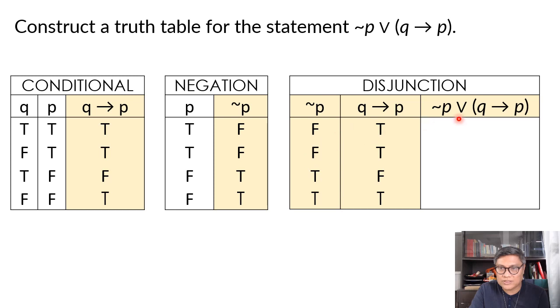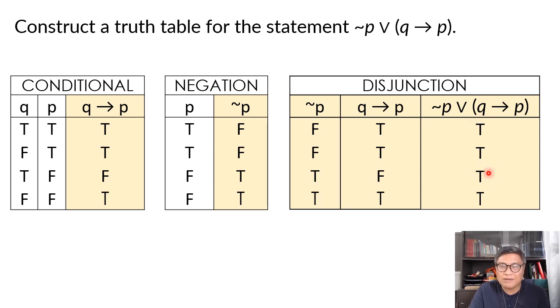So here in the disjunction, we are just going to look at whether it contains at least one true to make it true. Of course, false or true is true, false or true again is true, true or false is true, then true or true is a true statement. So any of these combinations, class, will always give us a true statement.